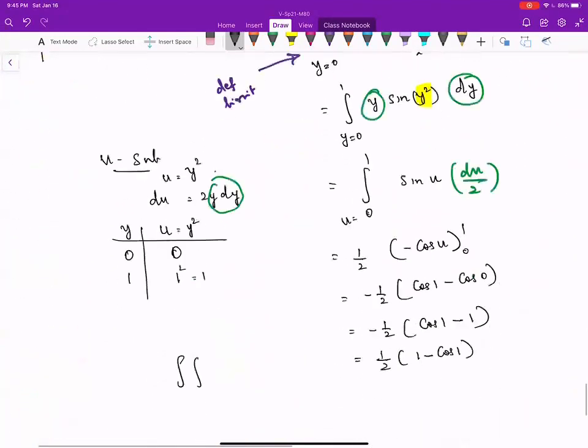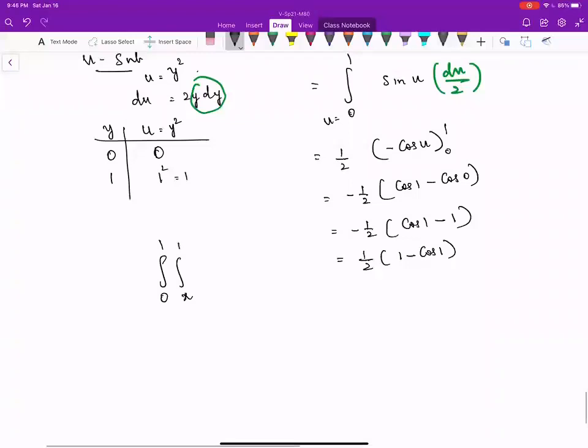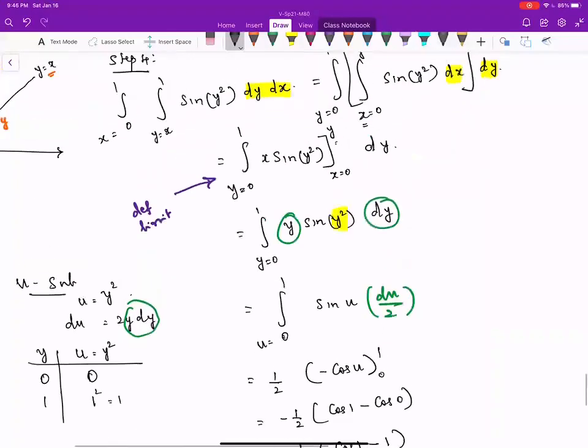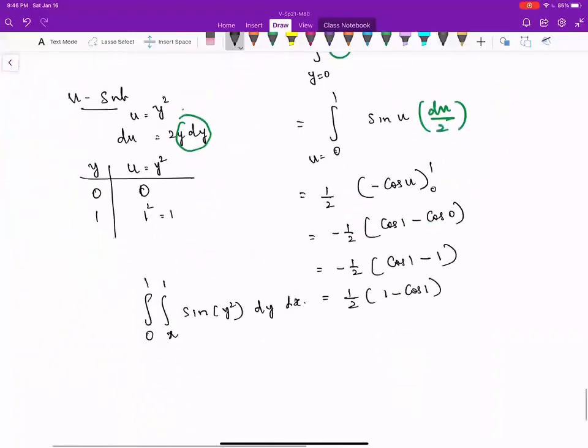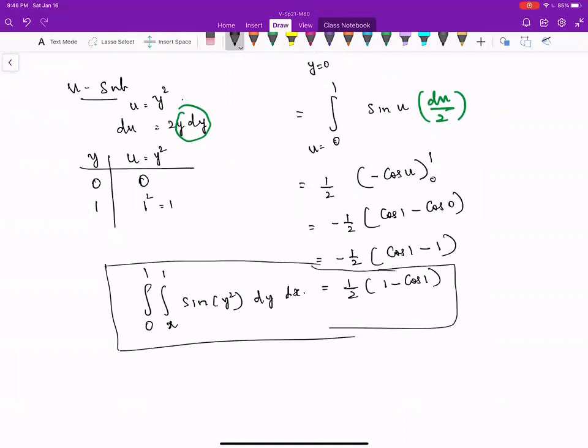That is integral 0 to 1, integral x to 1, sine of y square dy dx. So reversing the order of integration is sometimes very helpful to evaluate certain integrals which we normally think we cannot.